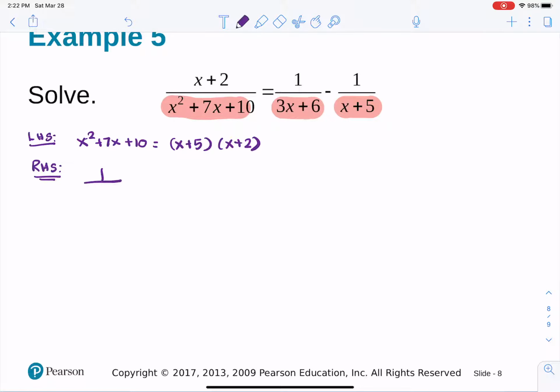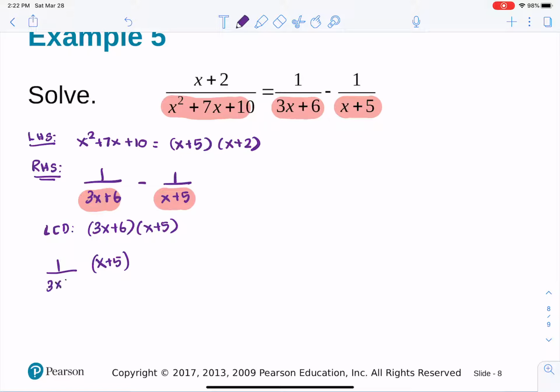The right-hand side has 1 over 3x plus 6 and minus 1 over x plus 5. We want to find the common denominator, and there is nothing in common between 3x plus 6 and x plus 5, so the LCD is 3x plus 6 times x plus 5. To get that common denominator in the first fraction, we multiply and divide by x plus 5.